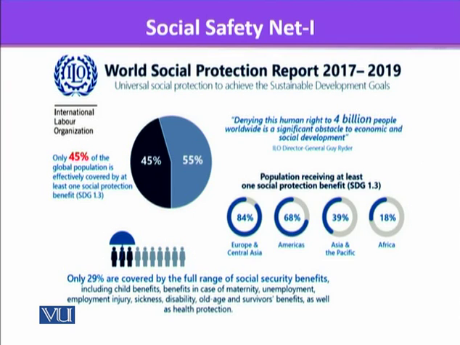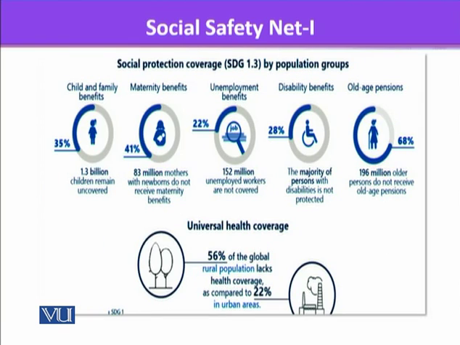As we see in this slide, the achievement of countries is very limited. So if we look at the pie chart, only 45% of the global population is effectively covered by at least one social protection benefit. According to ILO, there are 5 different social protection benefits, which are child and family benefits, maternity benefits, unemployment benefits, disability benefits, and old age pensions.